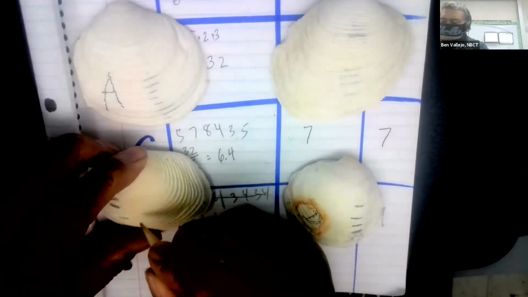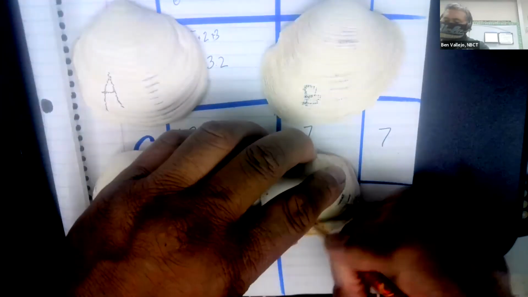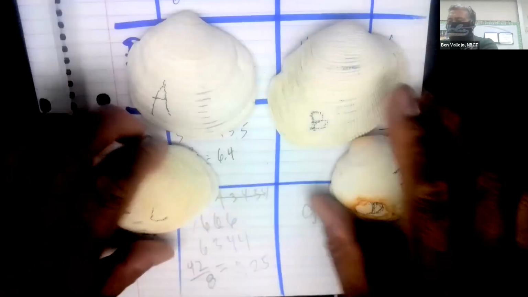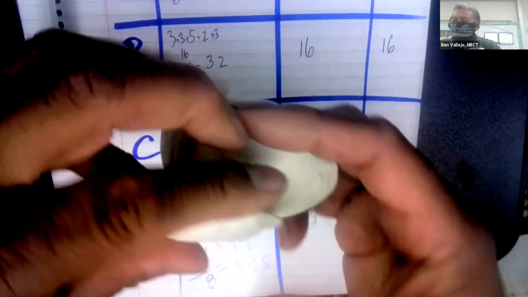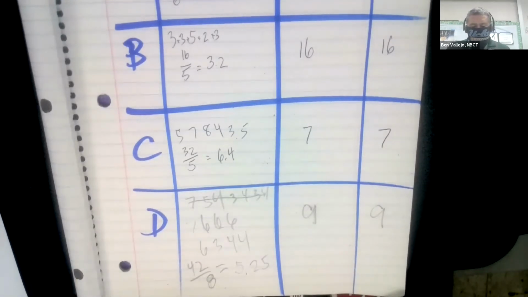Okay, so that's C, and this one here is B. This one's D. Okay, so now I've got my data, and completed my data table with the average bandwidths. And the number of bands gives us the age of the clam.